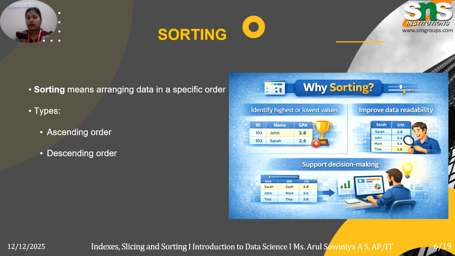The IDs 103, 102 and 101 have 3.8, 2.6 and 3.4 CGPAs. We can sort to identify the highest or lowest values, which supports decision making.